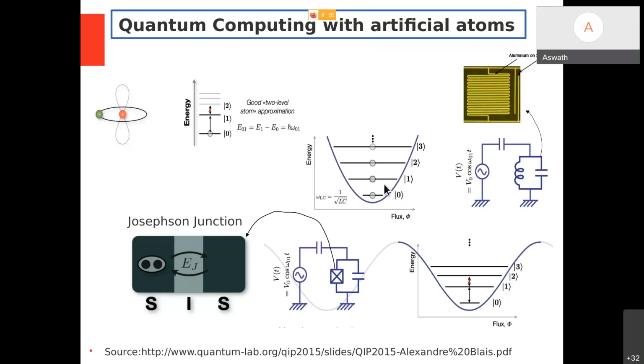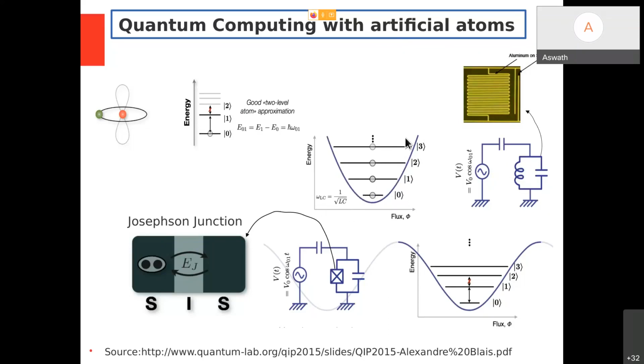What is the angular or energy separation between these levels? It is dictated by omega LC, where omega is the angular frequency, equal to 1 over the square root of inductance multiplied by capacitance. So I have some resemblance between a naturally occurring atom and an LCR circuit, both existing in multiple energies.